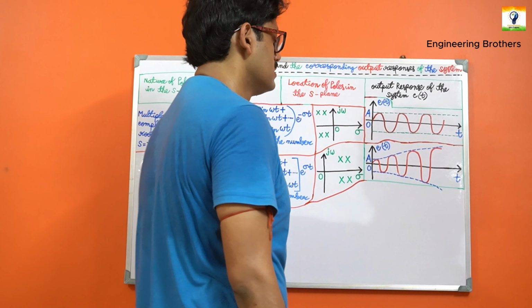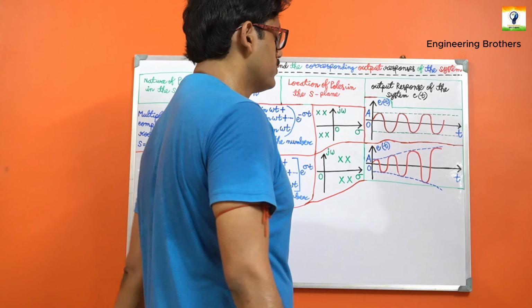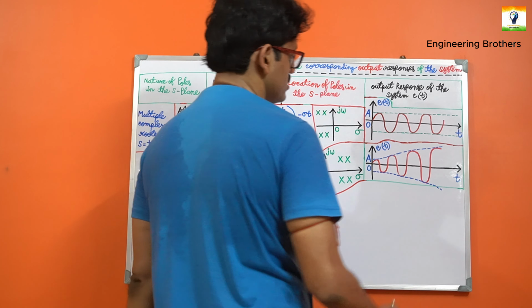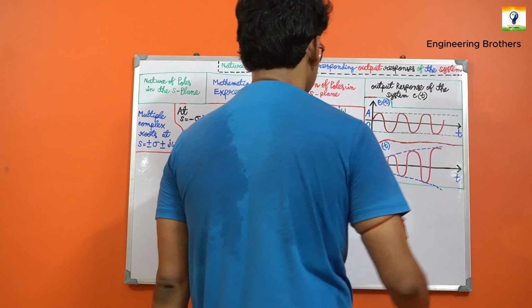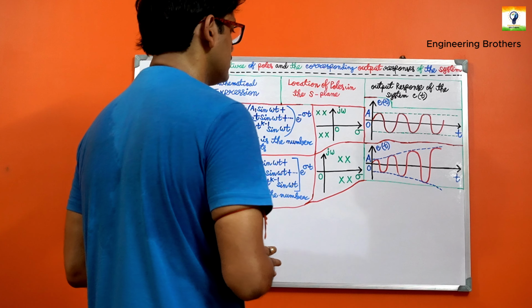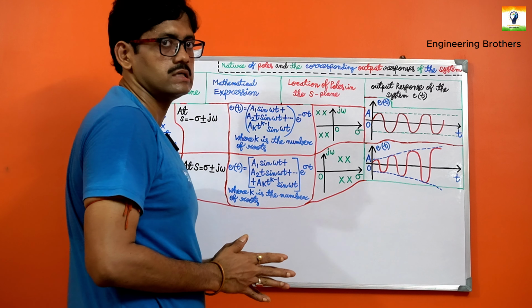The ultimate confirmation is the c(t) versus time curve, where the oscillation increases with respect to time. That leads us to the unstable characteristic.